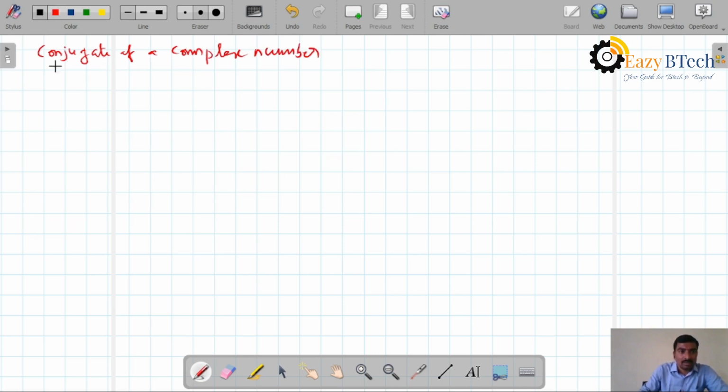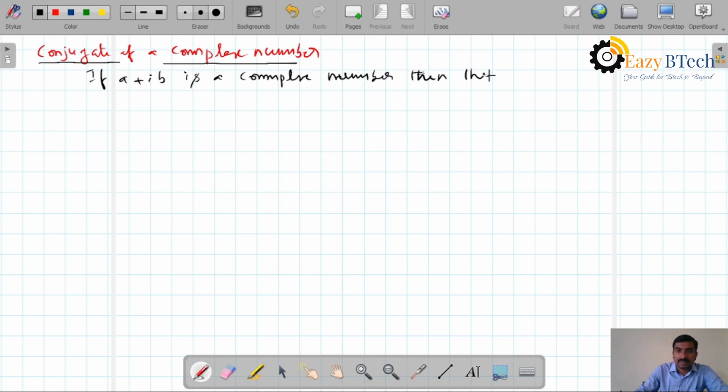What is this conjugate of a complex number? Suppose, for example, a plus ib is a complex number, then the conjugate of a plus ib is a minus ib.